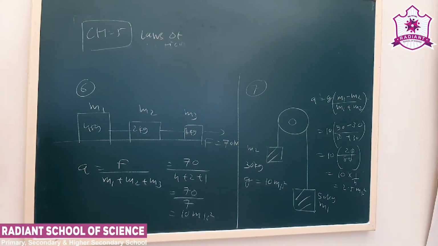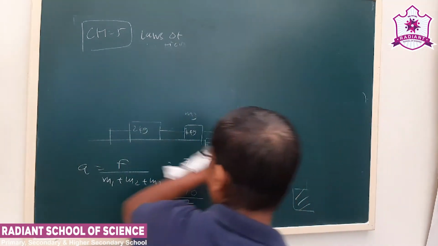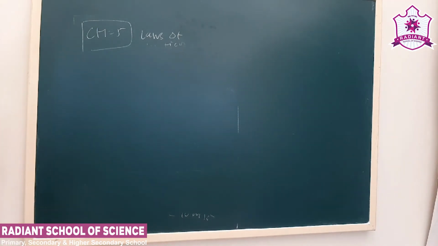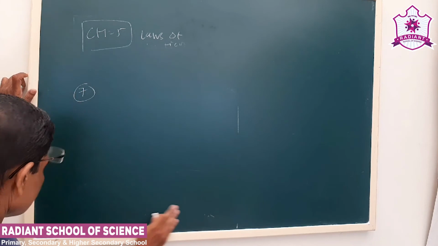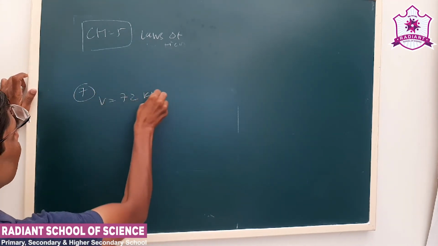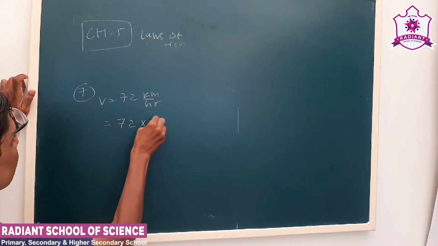Now, next question. See, a driver of a car moving with a velocity of 72 km per hour. Now this we have to convert into meter per second.